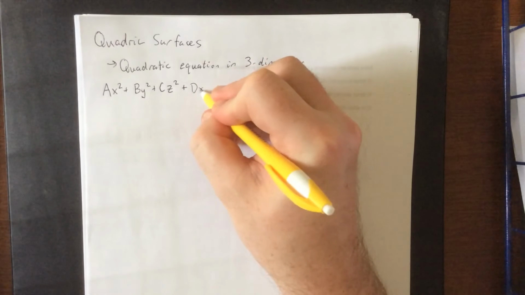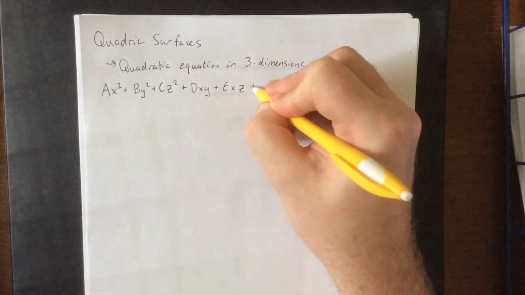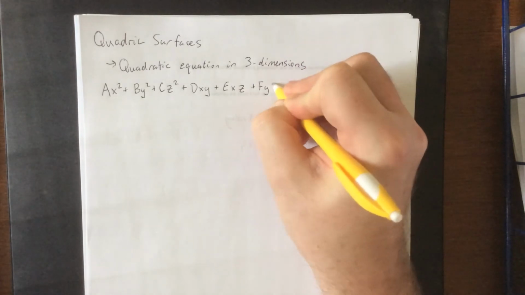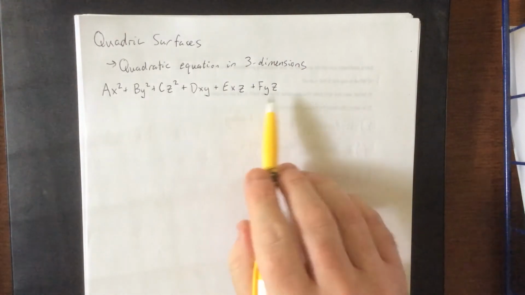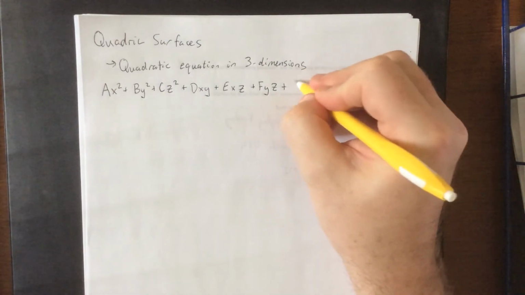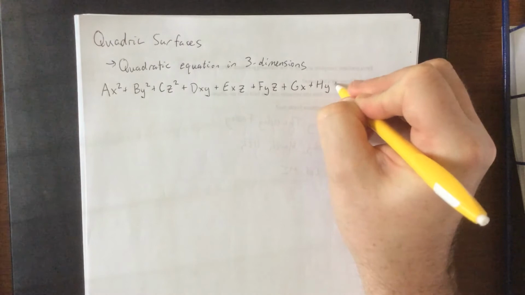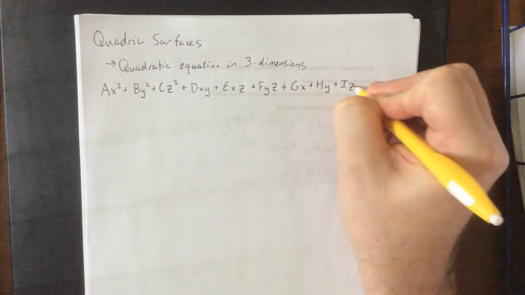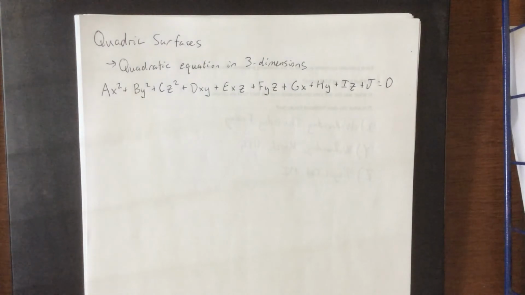It could have the product of any 2 of the variables. So we'll call that a constant times xy, a constant times xz, or a constant times yz. We could have any one of these variables raised to the first power, which would simply move around where its significant point is, and we could have a constant term as well. So as many as 10 different possible terms in here.